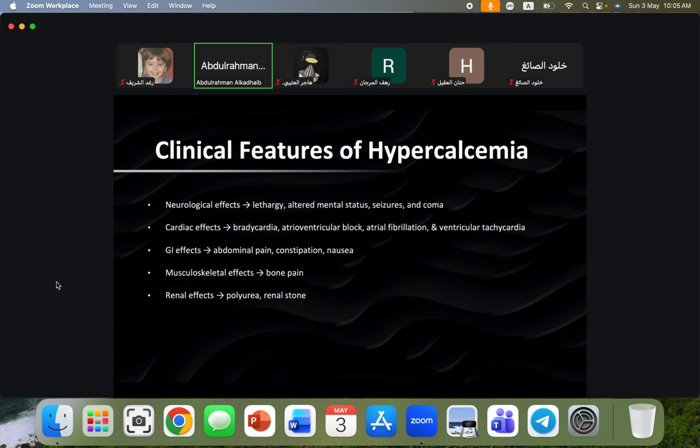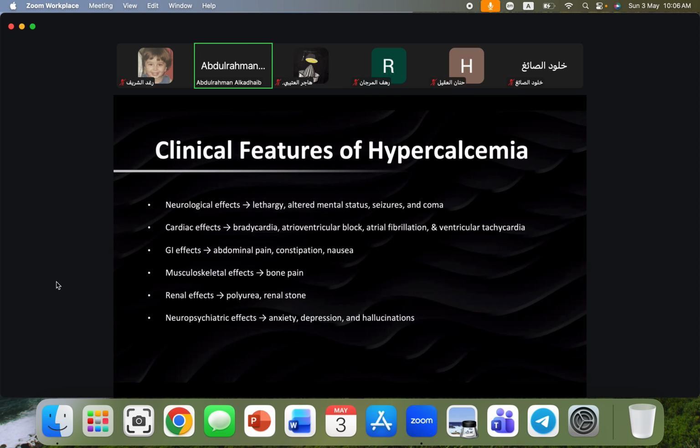And in some cases, we may see hypercalcemia in patients with renal stones, because as you remember, calcium stones are the most common type of renal stone. So a very high calcium level may actually cause development of a stone in the kidneys.